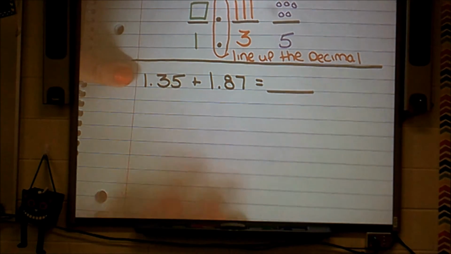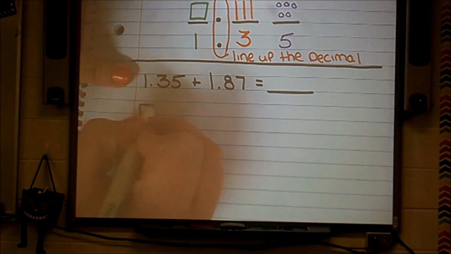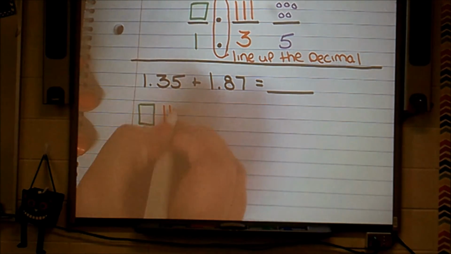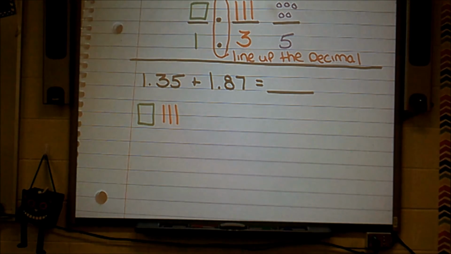I have 1 whole, I have 3 tenths, and I have 5 hundredths.